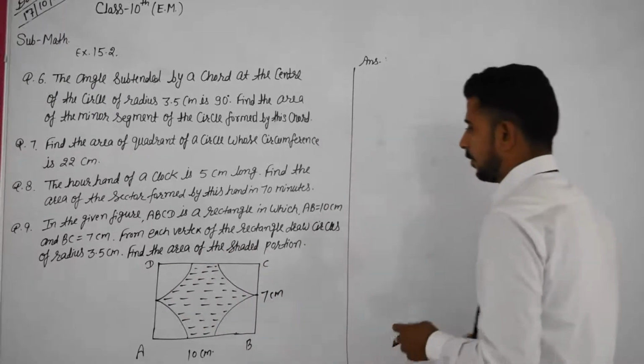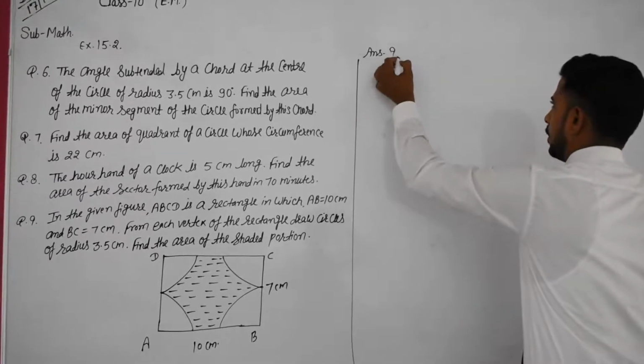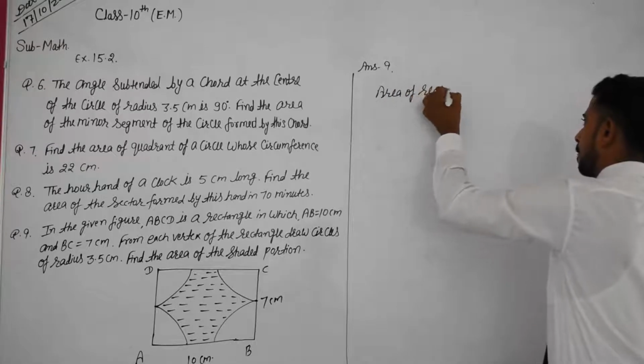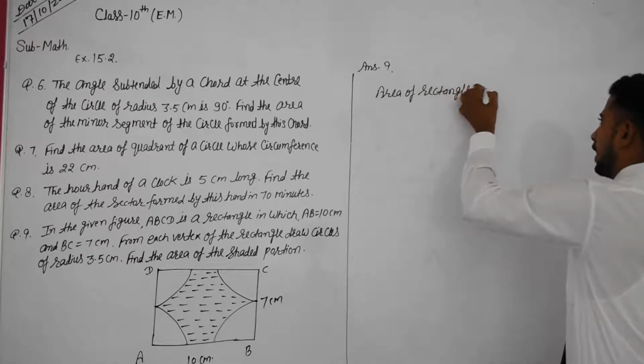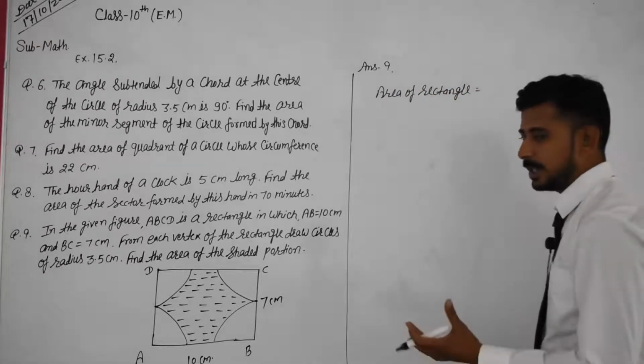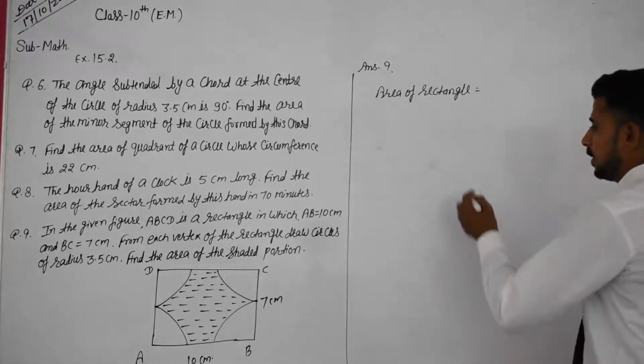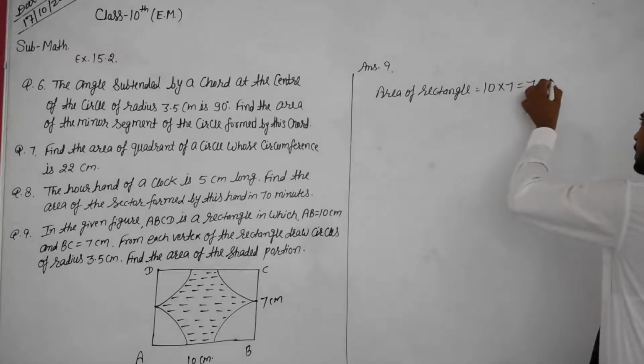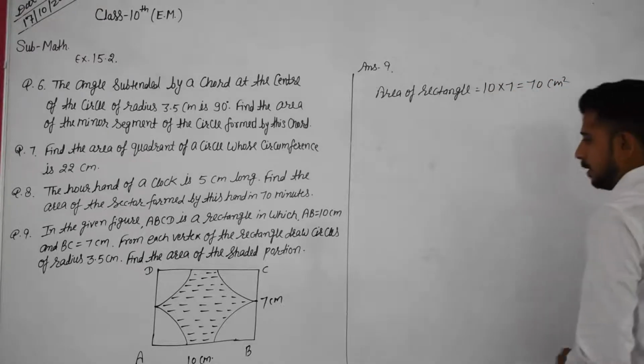We can say area of rectangle is equal to length multiplied by breadth. Length is equal to 10 cm and breadth is 7. It means 10 times 7 is 70 square centimeter.